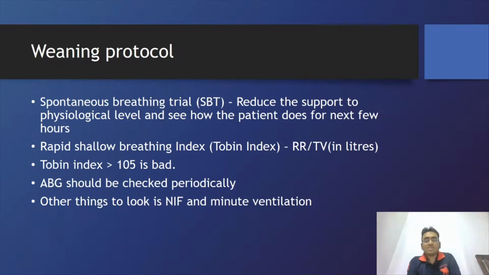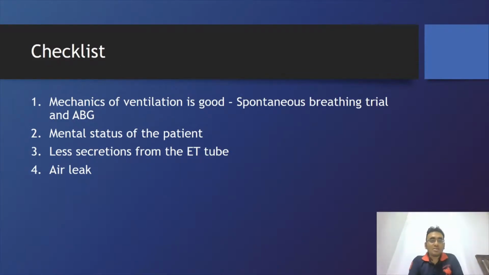At various places, people follow different protocols for when to wean. Apart from that, the first thing is that the patient's mechanics of ventilation should be good. So the spontaneous breathing trial should be positive, and of course the ABG should be good.